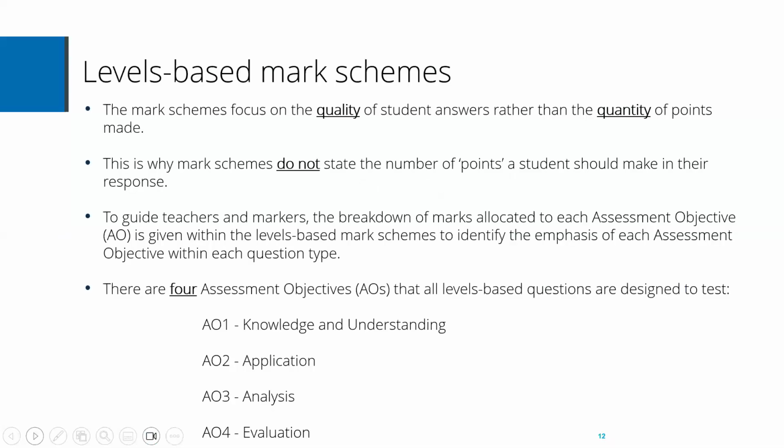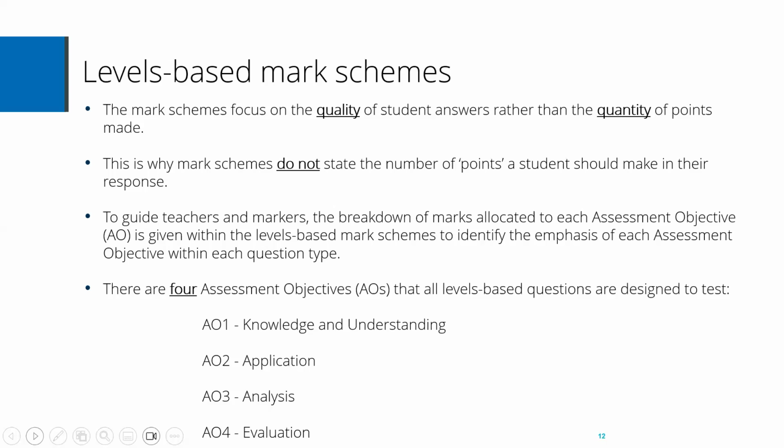Now let's explain how these levels-based mark schemes work. When you get to a levels-based question, discuss, assess, or evaluate, essentially what you are doing is testing all 4 assessment objectives: knowledge, application, analysis, and evaluation.